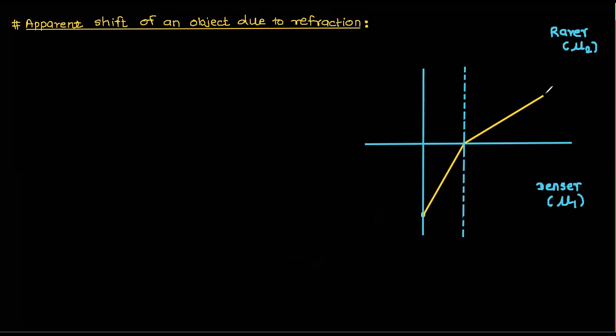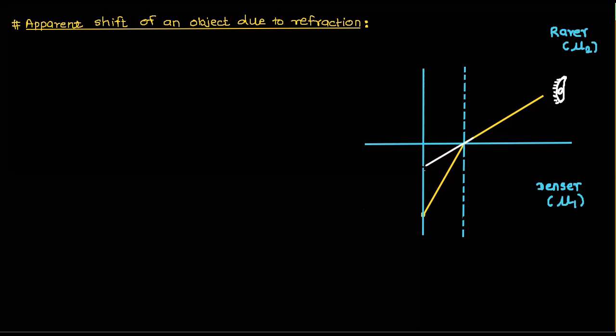And from this side we are watching this ray. So here is I. You are looking from this side. So what will happen when you are looking from this side? You will feel that the object is somewhere here. This I am indicating with a dotted line.